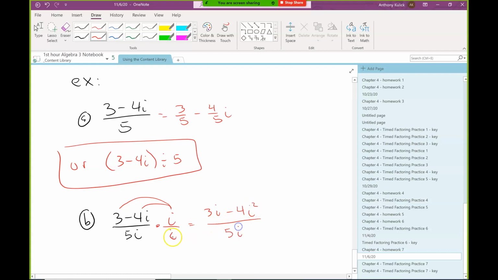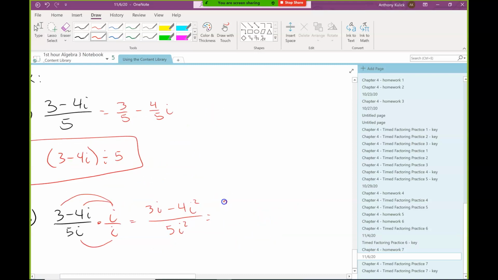And then it just multiplies into the denominator. And then we can replace all these i squareds with negative 1s. So I have 4 plus 3i over negative 5, which is now just like the previous problem, right?